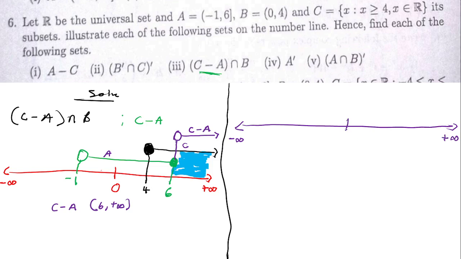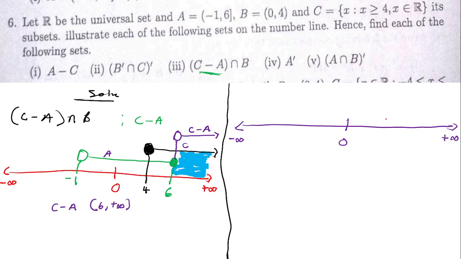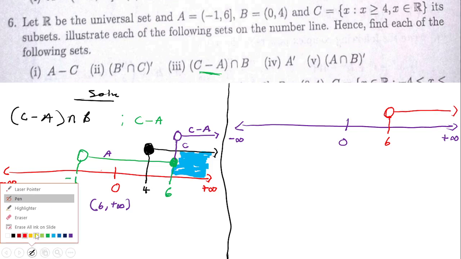Then 0 as your demarcation. So you're going to draw C minus A on this number line. C minus A is starting from 6. So you put 6, of which 6 is not part of the answer, isn't it? Yeah. And then this is going in this direction. Then you are going to draw B on this same number line.